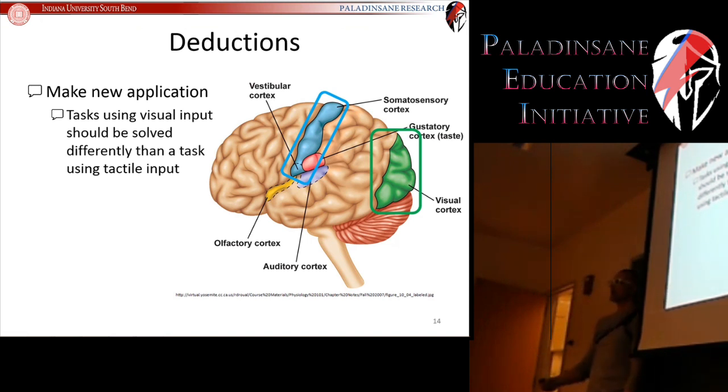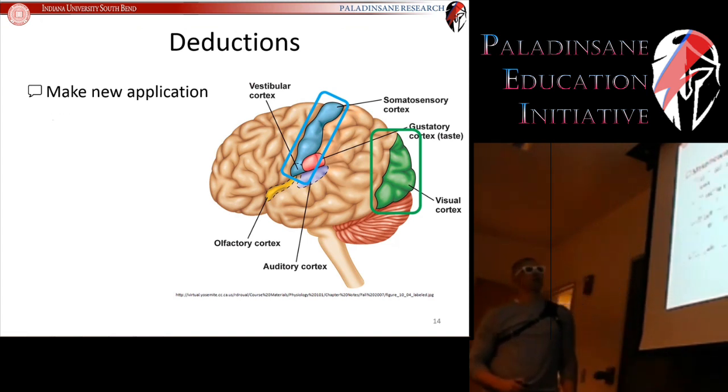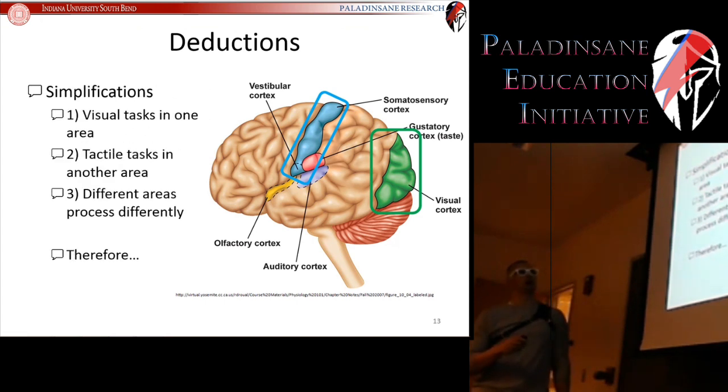I can make that conclusion without ever running a subject, based on theories that show that visual tasks occur in this area, tactile tasks occur in this area, and different areas of the brain process information differently.